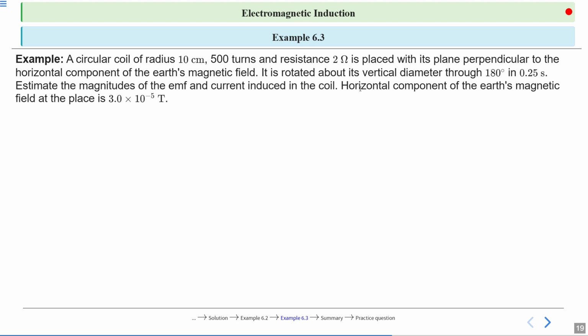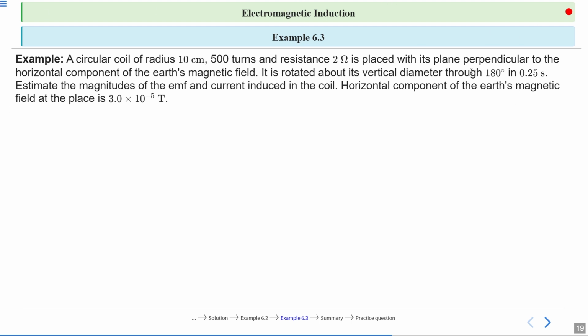The magnetic field is in the horizontal direction, the coil is placed perpendicular to it, and the vertical axis is perpendicular to horizontal. We are rotating this circular loop about its vertical diameter through 180 degree in 0.25 seconds.